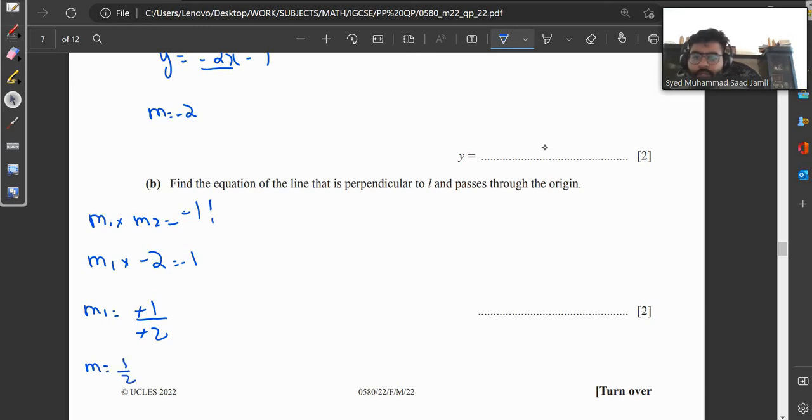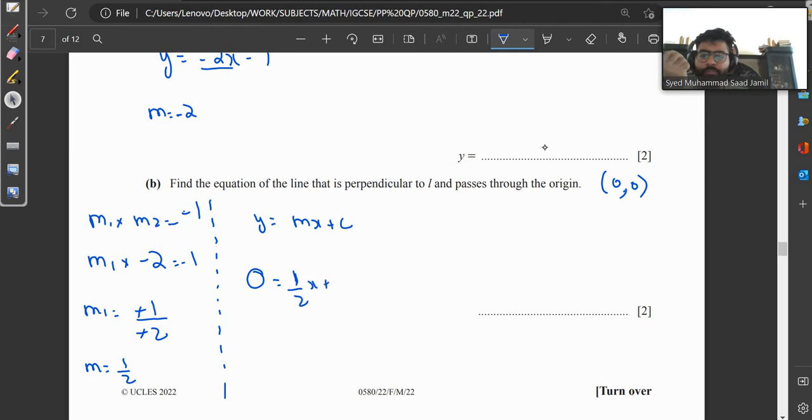So the gradient of the perpendicular line is 1 upon 2. Second thing, it says passes through the origin. Anything which passes through the origin has coordinate 0, 0. So you will write y is equal to mx plus c. The value of y you will put 0, the value of m you will put half, x plus c, and in place of x you will also put 0.